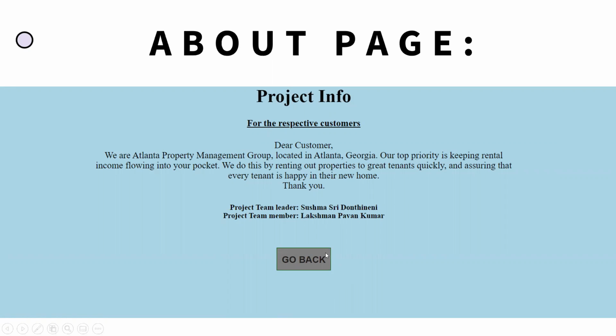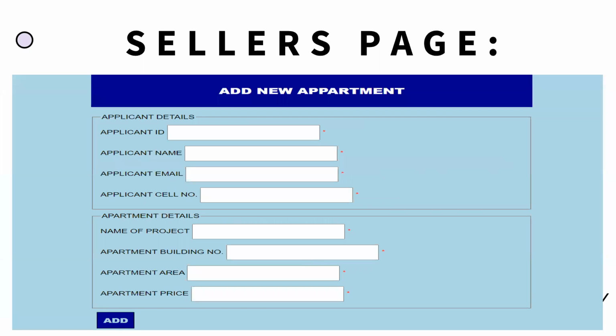The project team members are me, Sushma Sri Dontaneni, and my team member Lakshman Pawan Kumar. And you can go to the home page by clicking this go back button, which redirects to home.php.